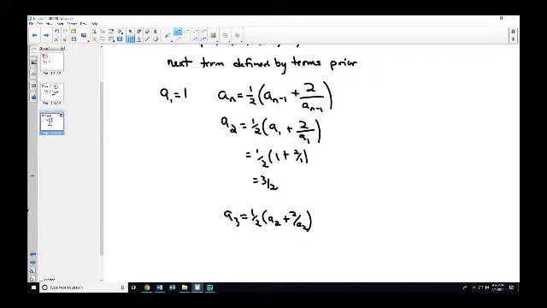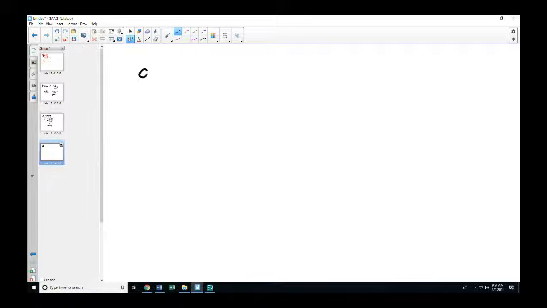We can also calculate limits of sequences. So let me give you a sequence.